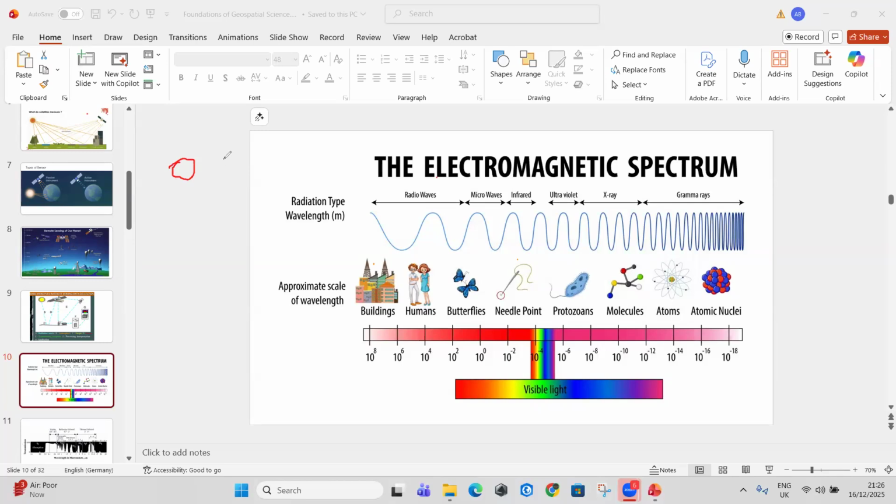For example, this is one wavelength. In physics, a wavelength is equal to the length between two consecutive crests. The crest is something like this, the hilltops. This is the value of wavelength and we represent it by lambda.